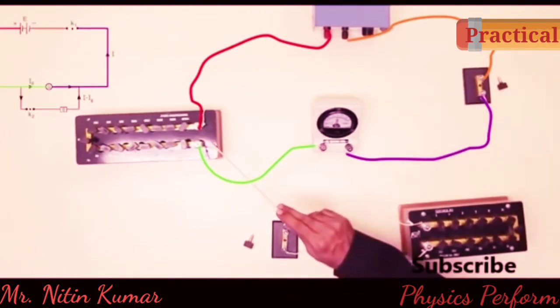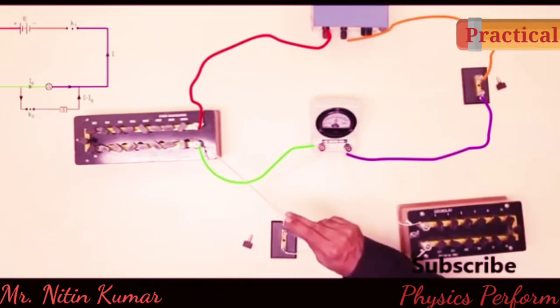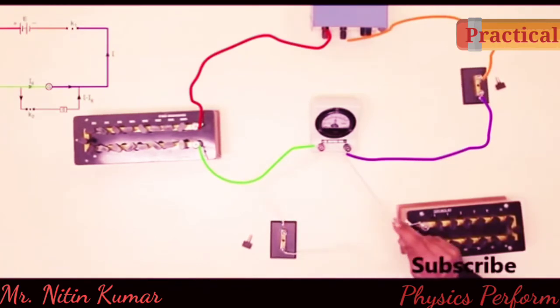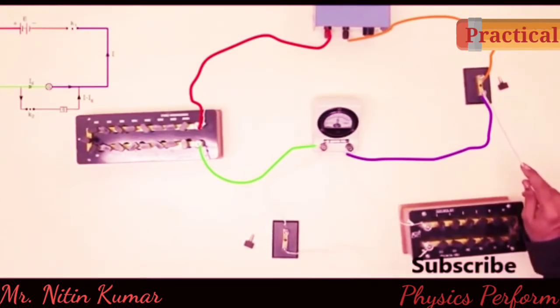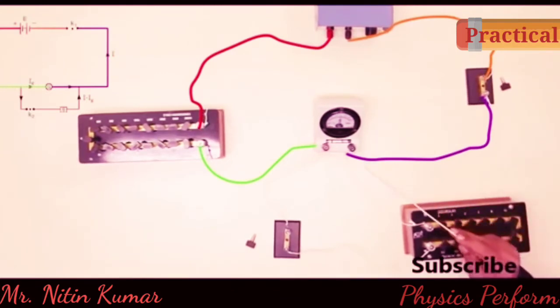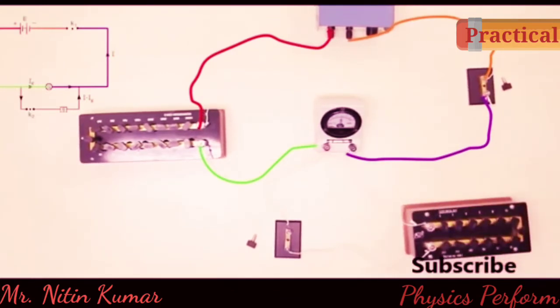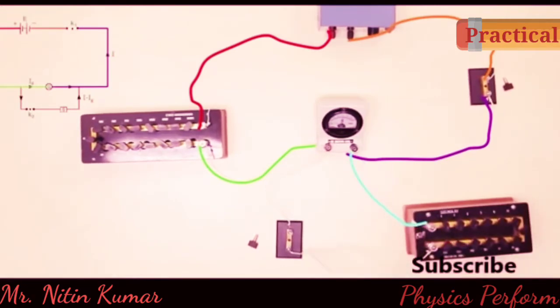Here, this resistance box is connected in series with the galvanometer, and this plug key helps us to allow the current to pass through the circuit. Also, another resistance box is connected in parallel with galvanometer along with this key.